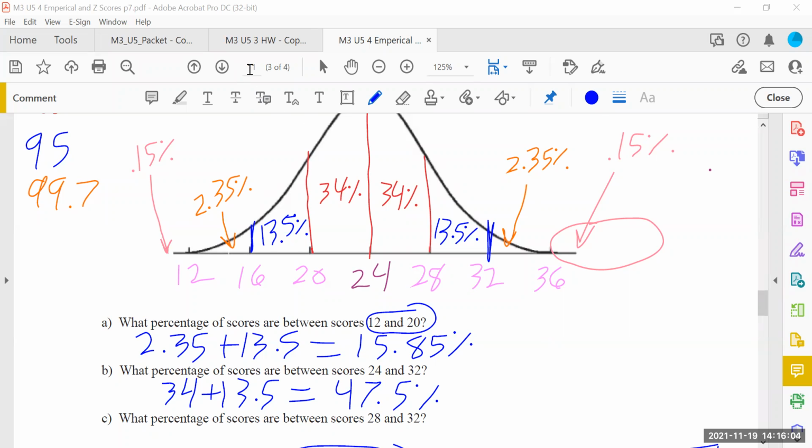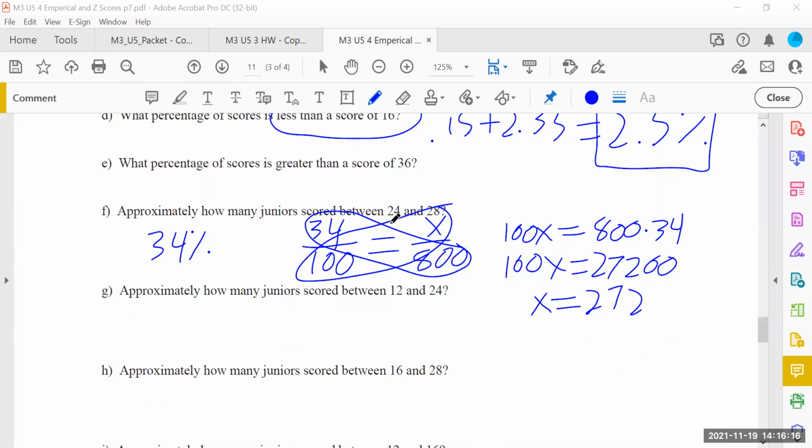If you remember back in junior high how to find the percent of a whole number, you can do essentially percent over 100 times whatever number you're given. So like the one that we did right there, 34 over 100 equals X over 800. You could also just do 34% is 34 over 100, 0.34 times 800.